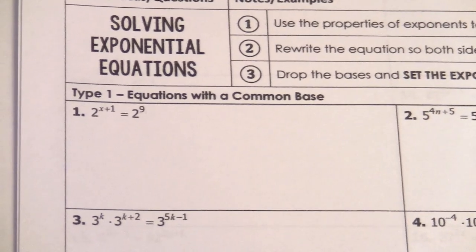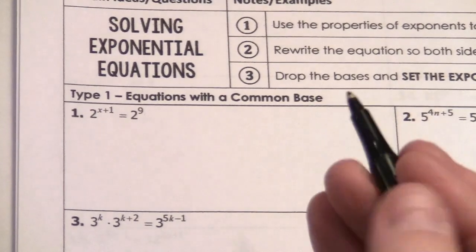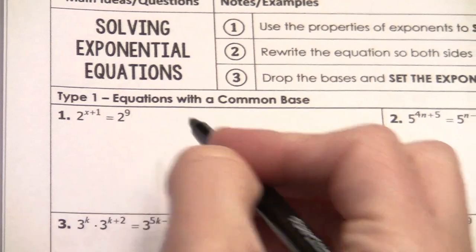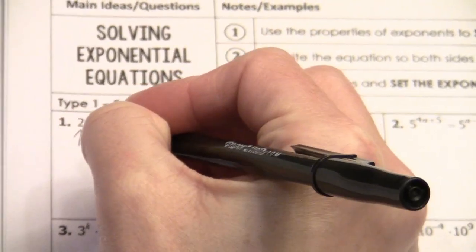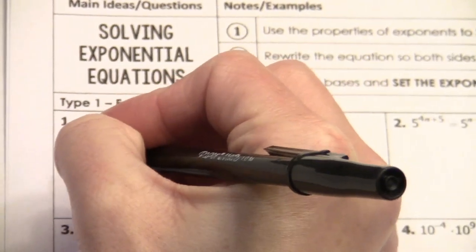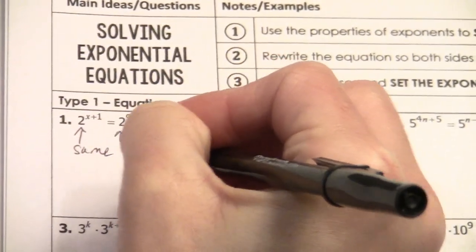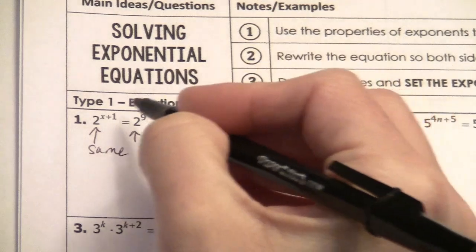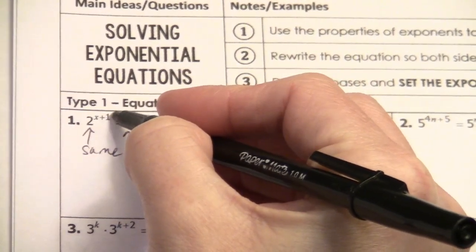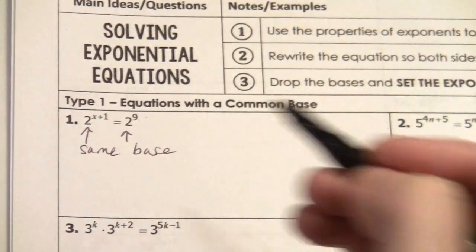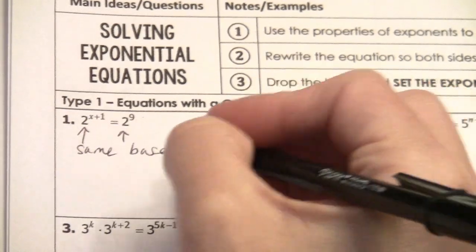Okay, so with our first example, it says 2 to the x plus 1 equals 2 to the 9th power. We can proceed here because we have the same base of 2. What we get to do is take these exponents, x plus 1 and 9, and set them directly equal to each other and solve.